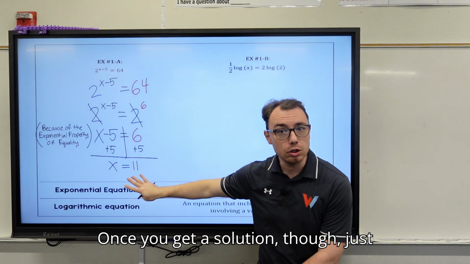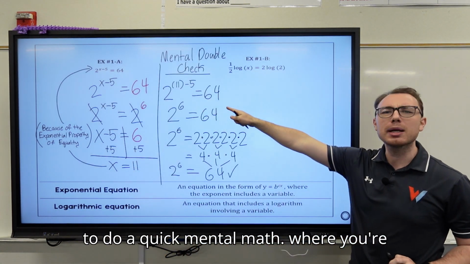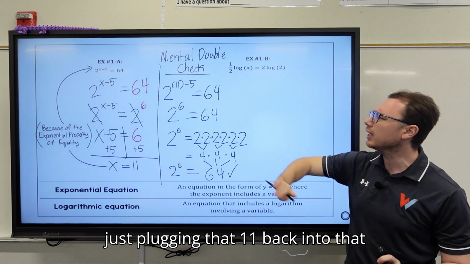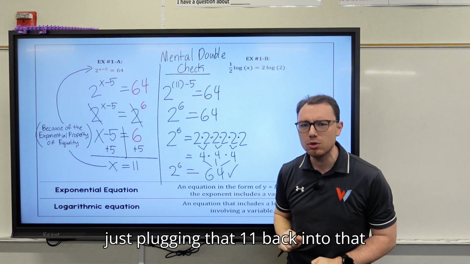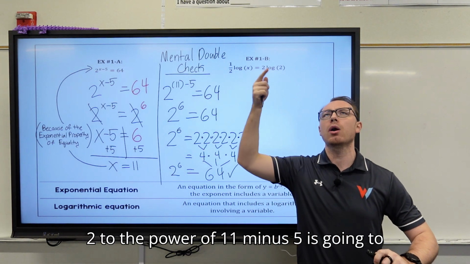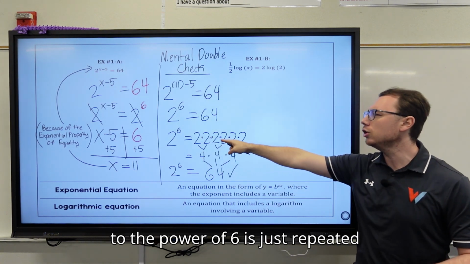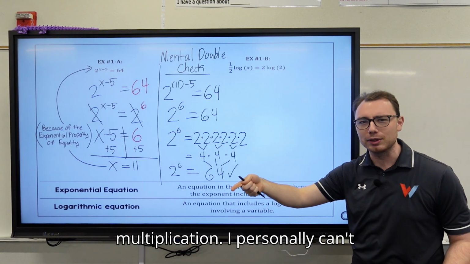Once you get a solution though, just like you did in algebra, I want you to do a quick mental math check where you plug that 11 back into the base equation, so 2 to the power of 11 minus 5 is going to be equal to 2 to the power of 6. Well, 2 to the power of 6 is just repeated multiplication.